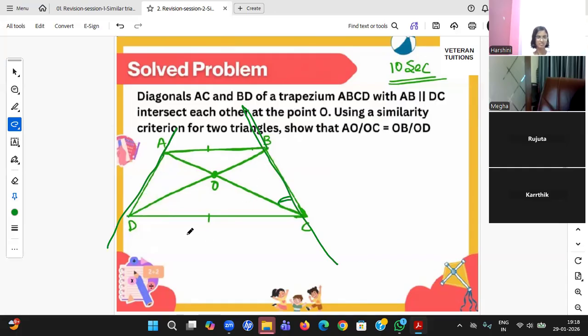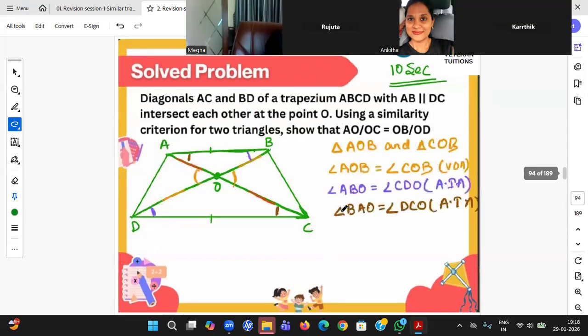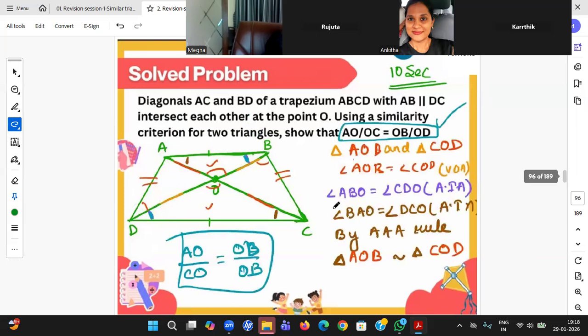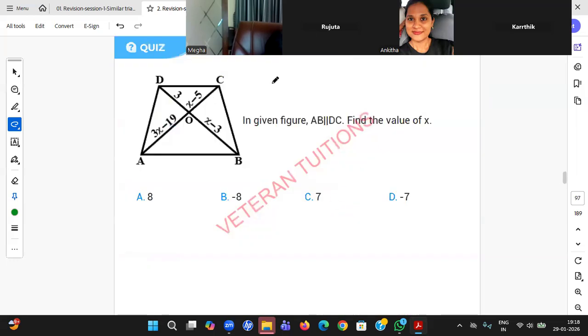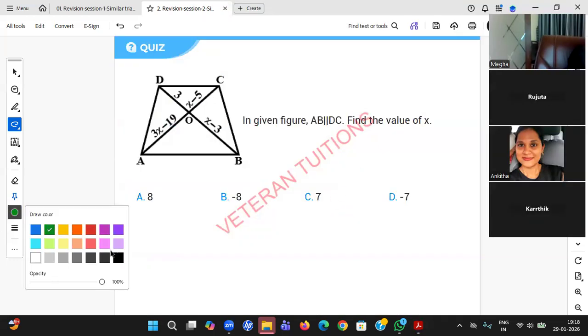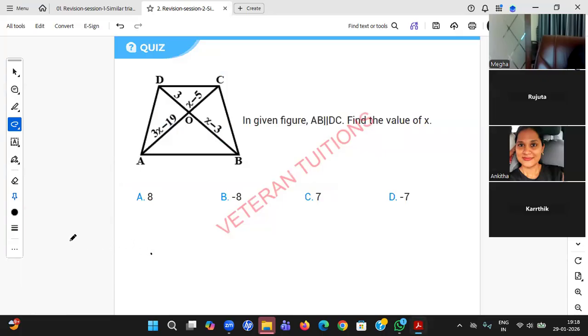Shayan, are you able to follow, student? Yes, sir. Okay. Karthik, did you understand now? Okay, so just now you have proved that only these two triangles will be similar.